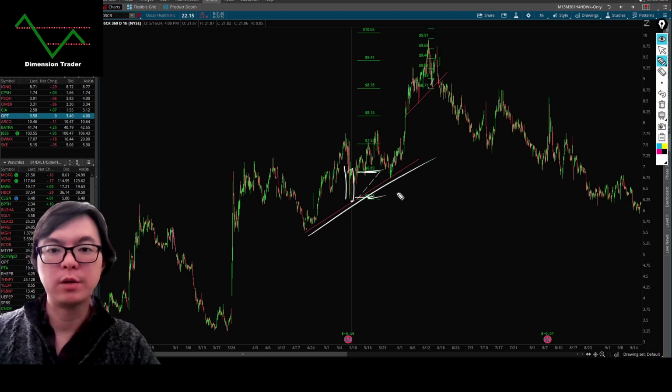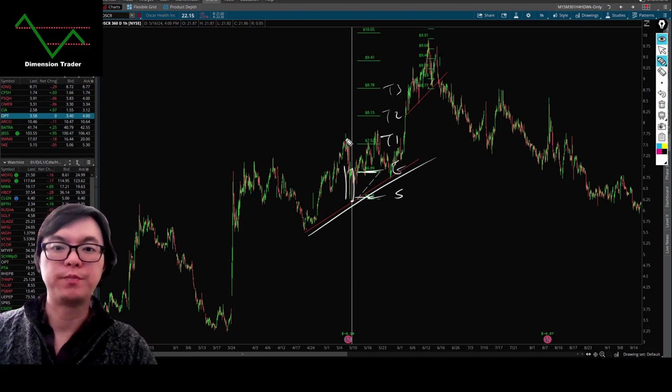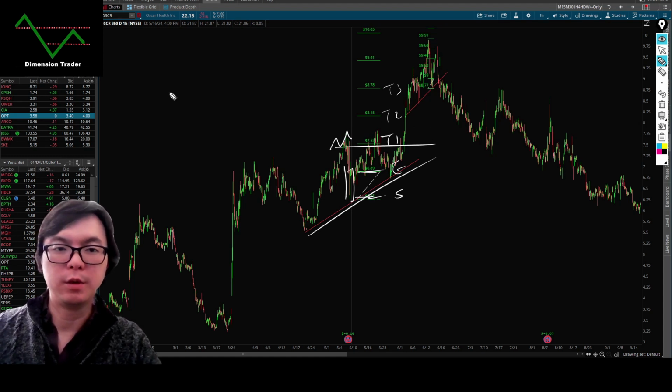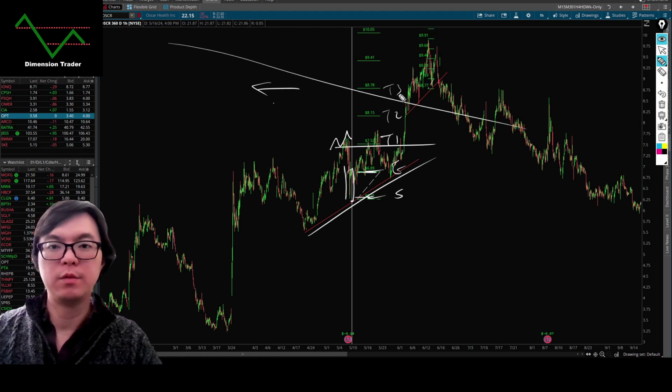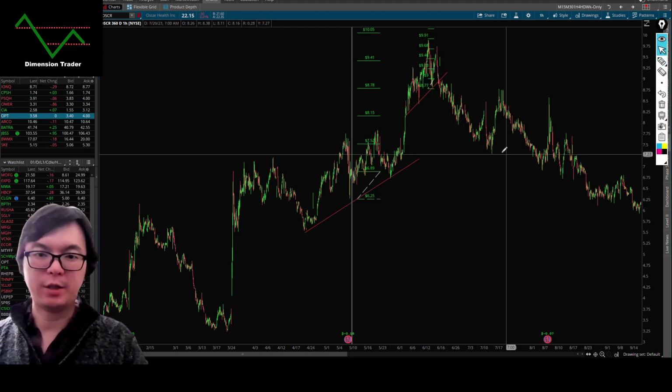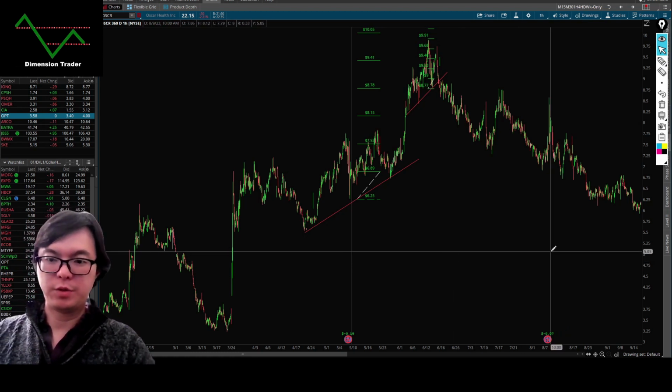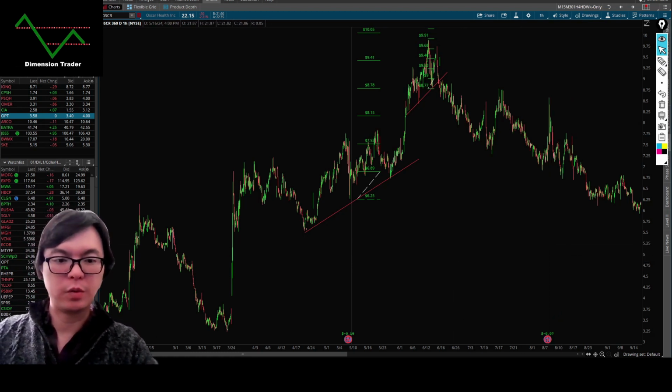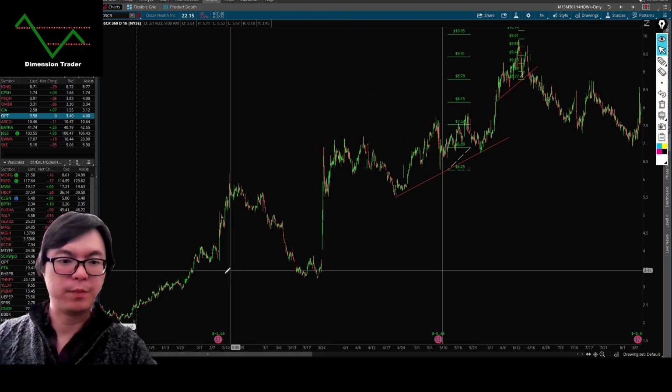We enter right here, stop right here, target 1, target 2, target 3. Okay, reasonable target 1, but if we have a higher trend line, target 2, target 3 is doable. Okay, backtesting on this one. Continuation setup on the dimension 2 looks pretty good on this one.